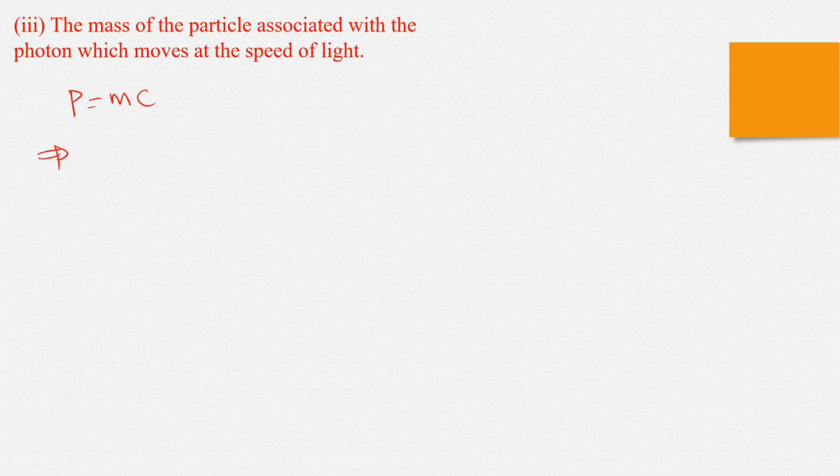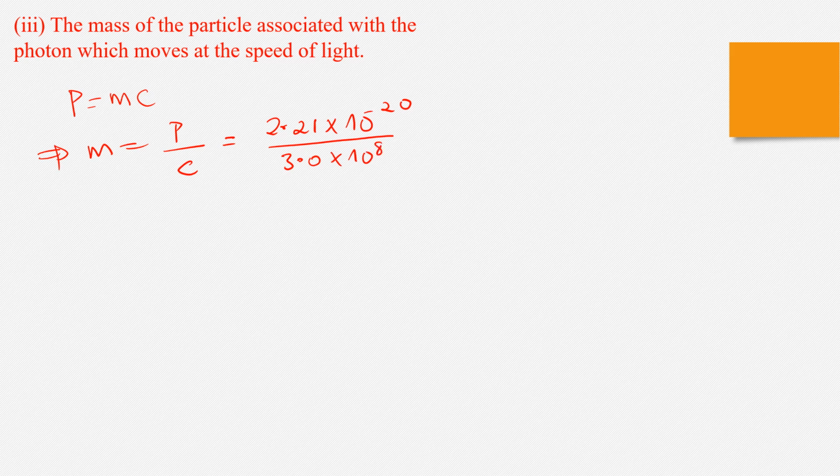So this means that the mass will simply be the momentum divided by the speed, and the momentum was 2.21 times 10 to the negative 20 divided by 3.0 times 10 to the power 8.